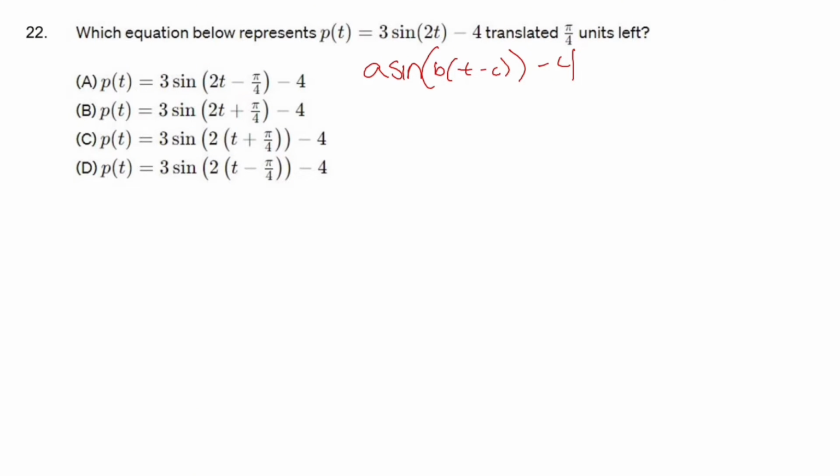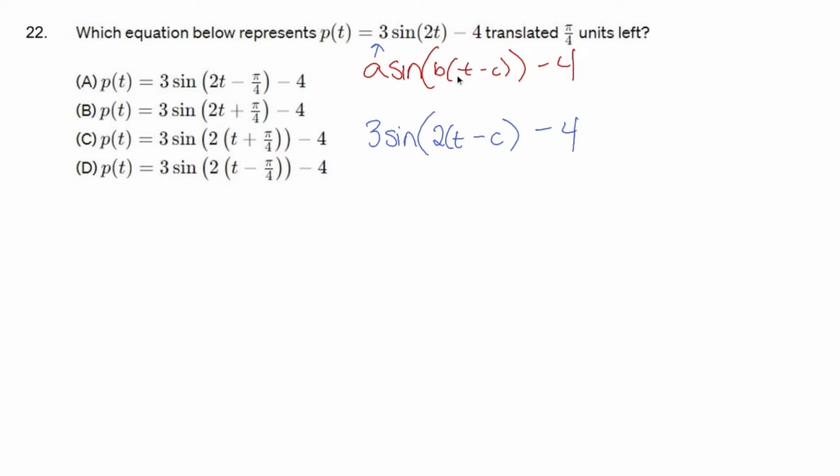We have a is 3, so we have 3 already. We have sine. What I'm going to do is separate the t and the 2 with parentheses. So we're basically pulling this out. Now that gives us frequency. We don't know what c is.